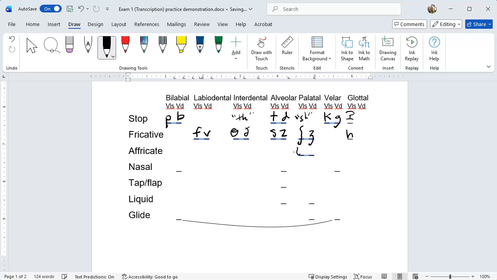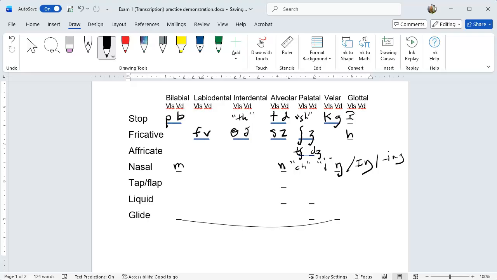In the affricates, we have a two-symbol combination, our ch, commonly spelled CH, and our j, commonly spelled with a J. In the nasals, we have our very familiar M and N, but we also have the ng that is part of our ing words that there are a lot of in English.